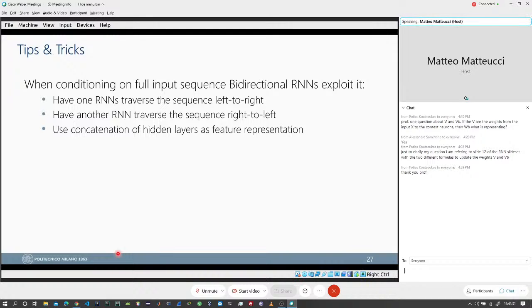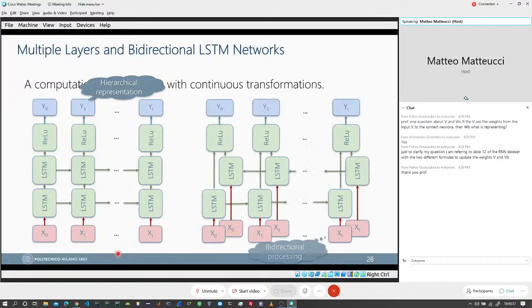So this is the idea of the use of what is called bidirectional LSTM. Bidirectional because let's assume you have a sequence x0, x1, x2, xt, and you get the same sequence xt, x1, x0, so in the backward direction.